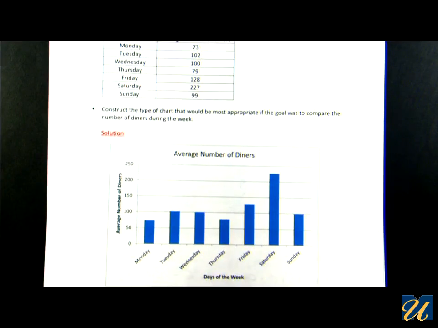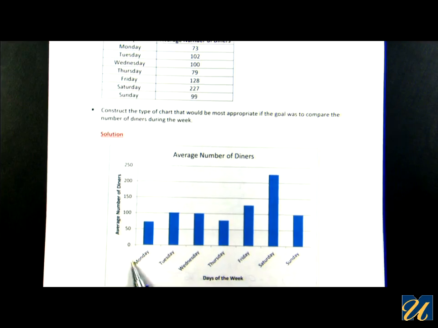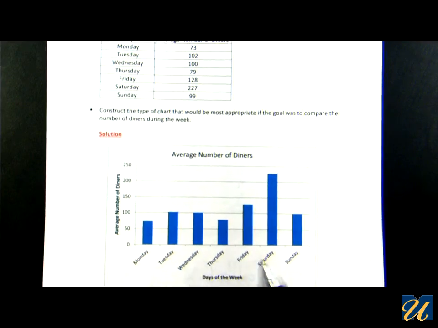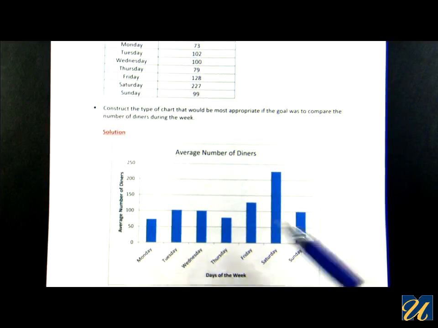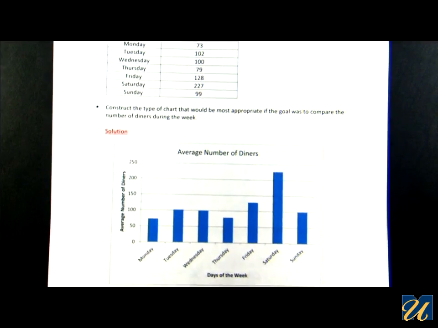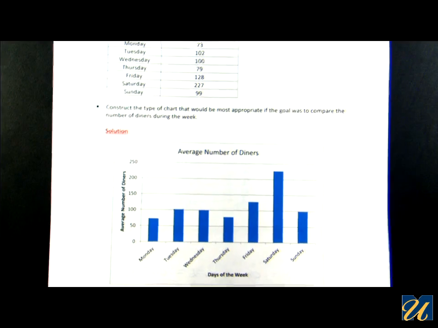In this case, we constructed a histogram using the frequency. You can use relative frequency or percent frequency, and your categories are the different days of the week. Straight away, you see that on Saturdays you have the highest concentration of your data.